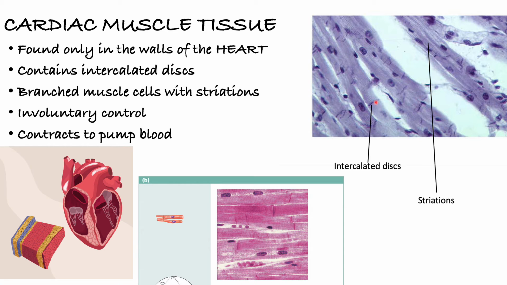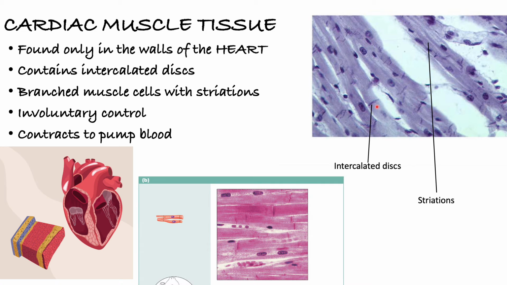If your leg muscle stops working, you're not going to shock it with an AED, right? This makes cardiac muscle tissue very unique. We're not going to see it in skeletal or smooth muscle. So if you see intercalated discs mentioned, or you're looking at a histological picture and you see intercalated discs, this is the clue that this is cardiac muscle tissue.